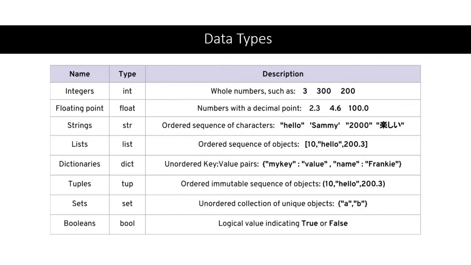You'll have to tell the computer it is this type or that type, and the types don't mix together well. So you can't take one type and tell it to do something with another type.